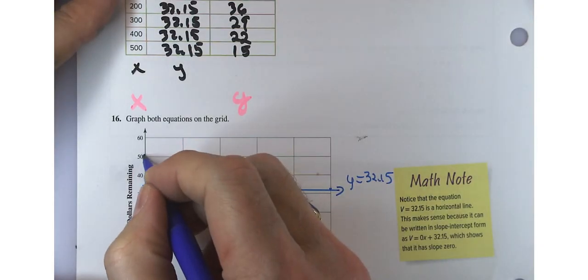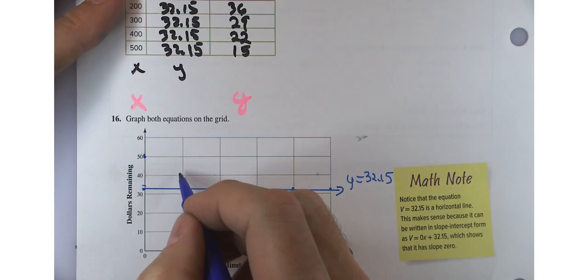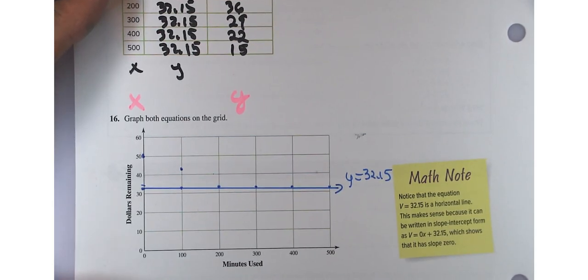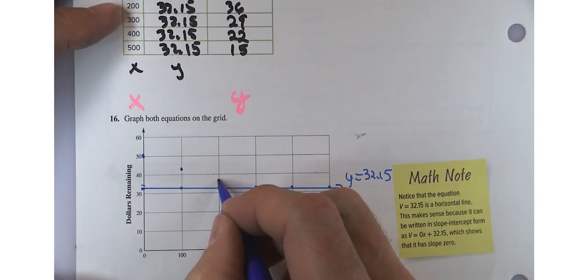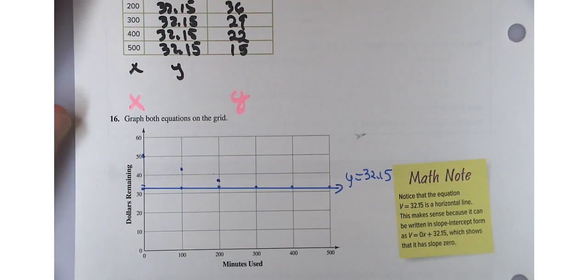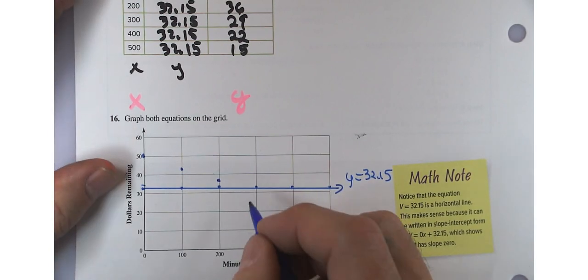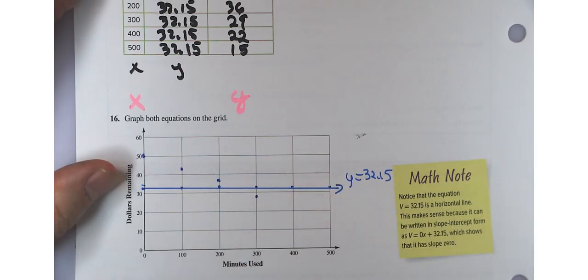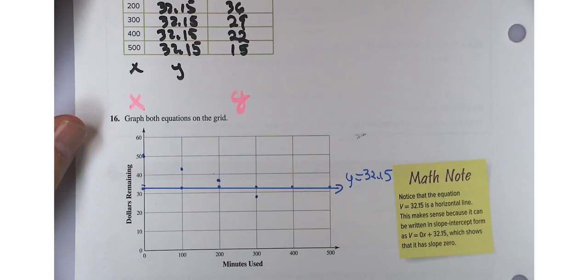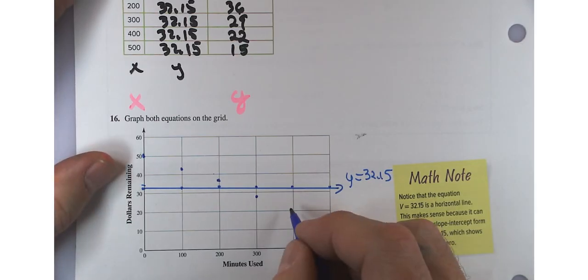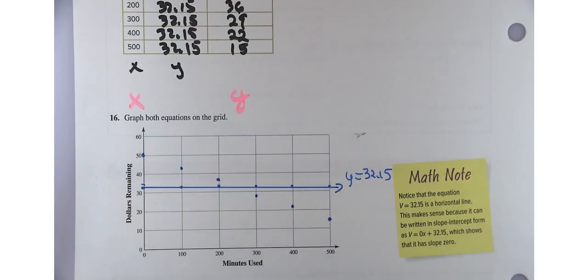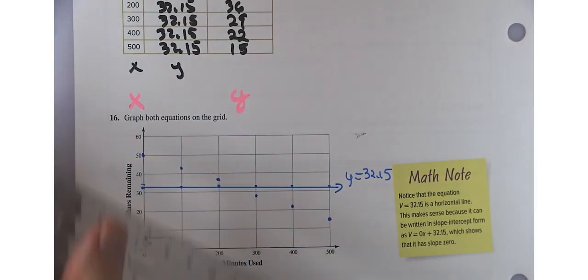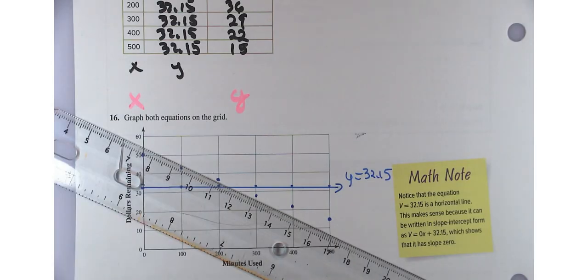That one's pretty easy. 100, 43, yeah, about there someplace. 200, 36, so that's going to be a little bit north of our line. 300, 29. 400, 22, and last but not least, 500, 15. So that's our other pairs of points.